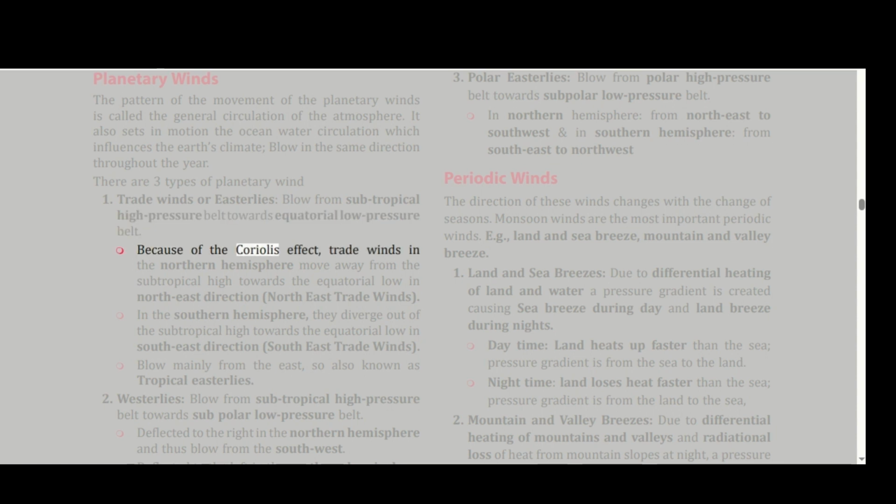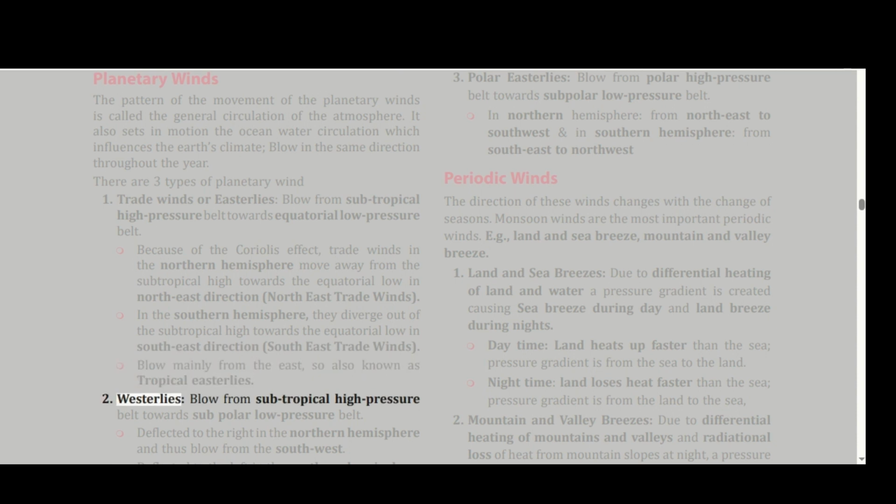Because of the Coriolis effect, trade winds in the northern hemisphere move away from the subtropical high towards the equatorial low in a northeast direction, northeast trade winds. In the southern hemisphere, they diverge out of the subtropical high towards the equatorial low in a southeast direction, southeast trade winds. They blow mainly from the east, so also known as tropical easterlies.